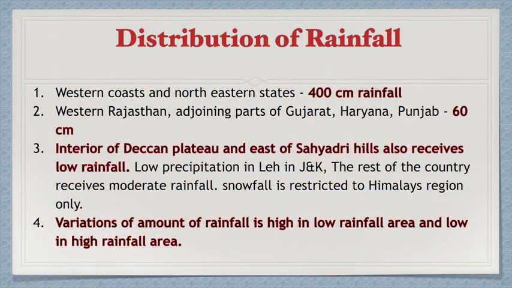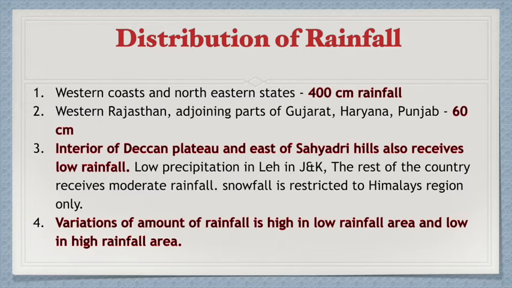Then next is distribution of rainfall. How rainfall is distributed over India. The western coast and northeastern states are both high rainfall zones, receiving above 400 cm of rainfall annually. Whereas western Rajasthan and adjoining parts of Gujarat, Haryana and Punjab receive around 60 cm of annual rainfall.